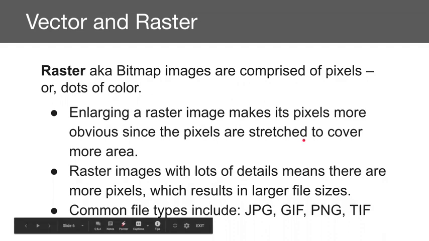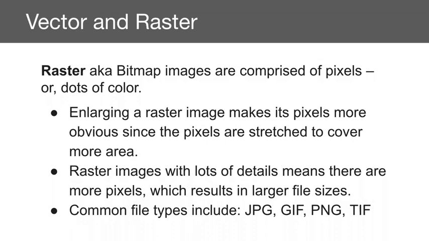Raster images are basically a grid map of small little bits, and they comprise what we call pixels. But ultimately, raster images are a fixed size. So if you're working with an image that's 8 by 10, the image at its maximum capacity would be 8 by 10.